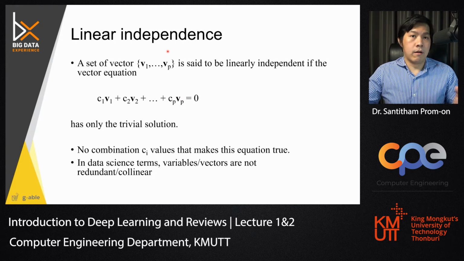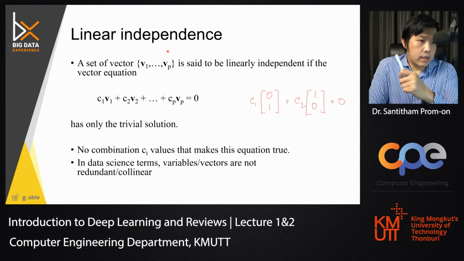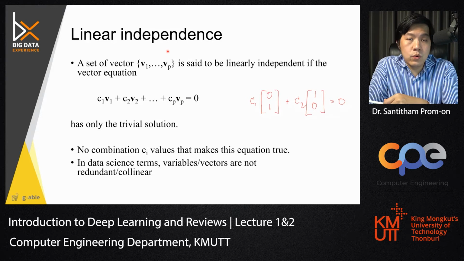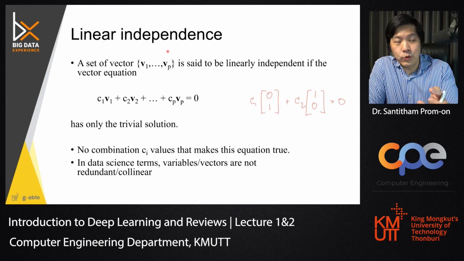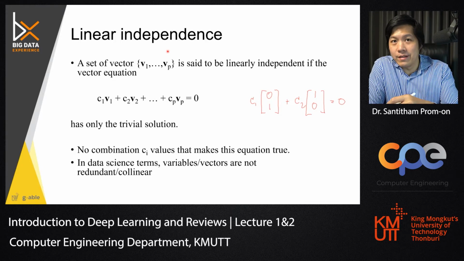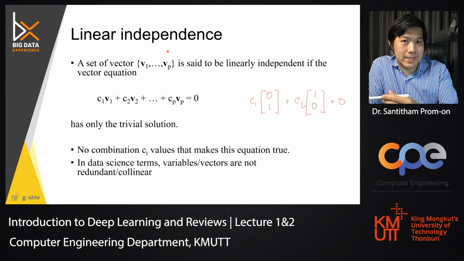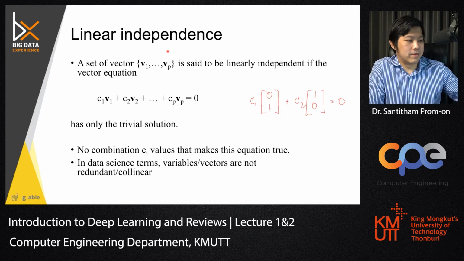They are not dependent on another vector. For example, c1 times (0, 1) plus c2 times (1, 0) equals 0. Can you find c1 and c2 that are not both 0 and work? You cannot, right? Because they are independent of one another. One is going toward the x-axis, another toward the y-axis. So that's the case.